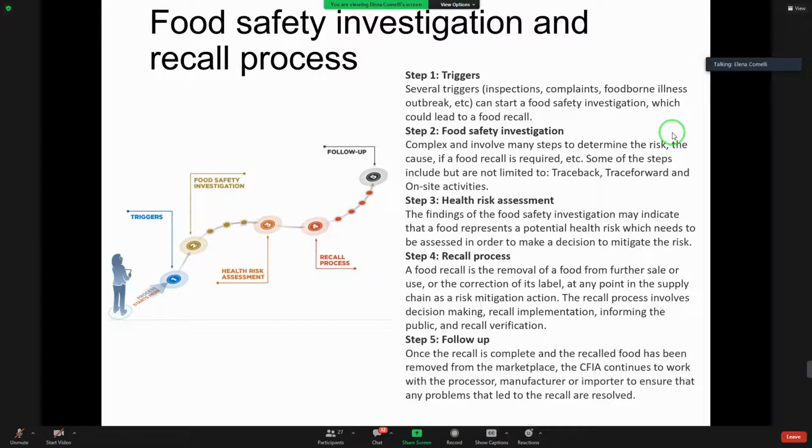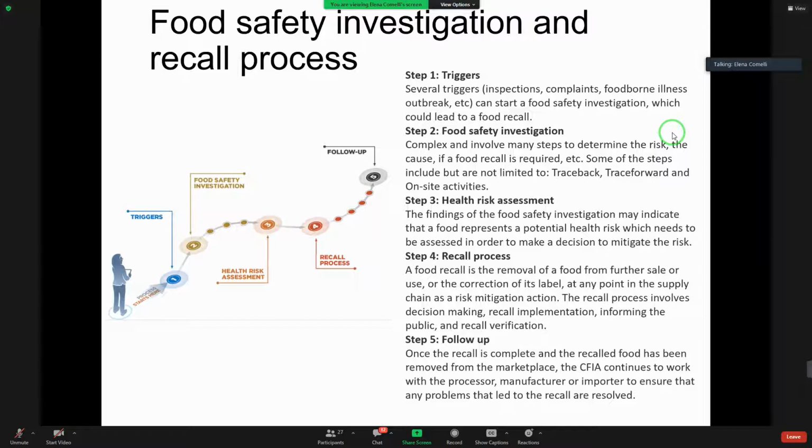The third step typically is a health risk assessment. Following the investigation, we need to determine if this risk is a potential harm for the population, and what we need to assess and do in order to decide how to mitigate this risk, like which action we need to put in place.